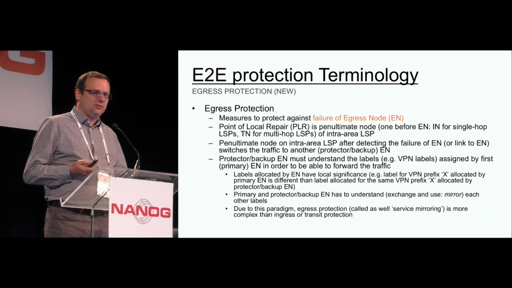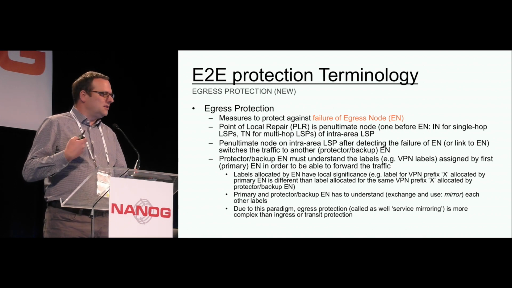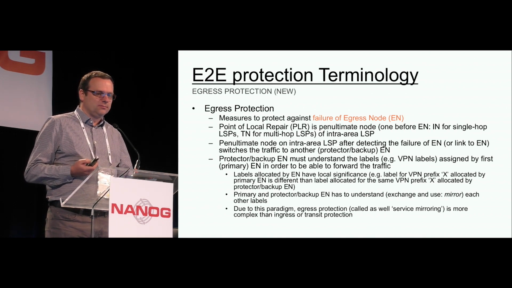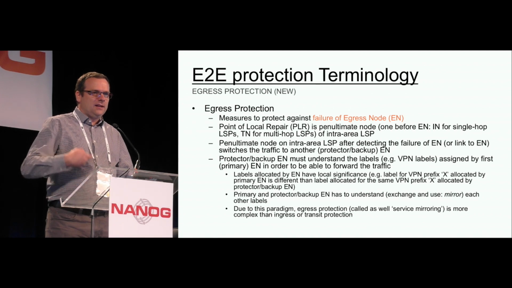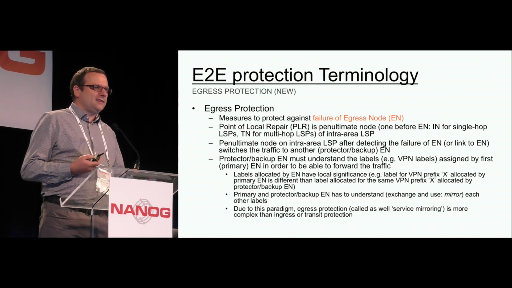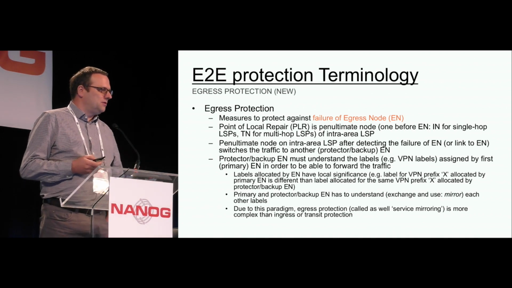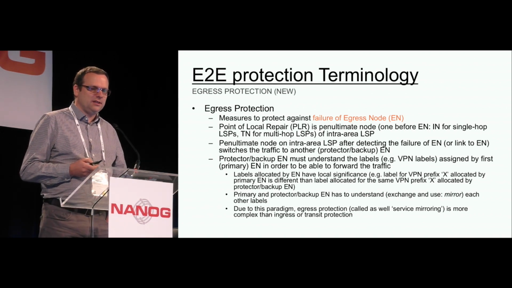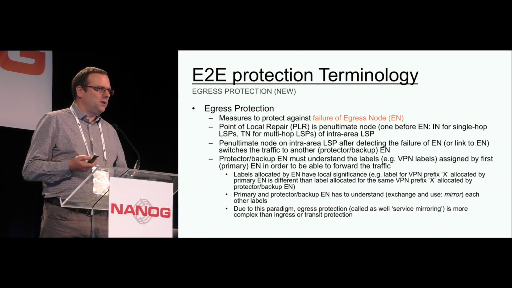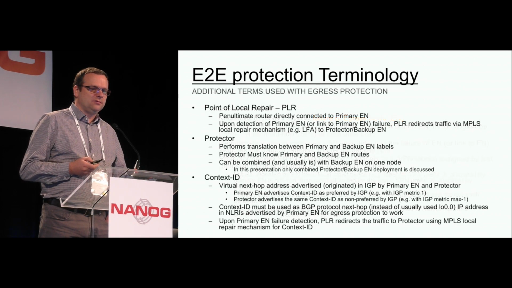This node is the point of local repair node. It is directly connected to the egress PE node. The task of this node will be to switch over the traffic to the backup PE node. So this is the basic idea. The backup of the primary node will restore the traffic.